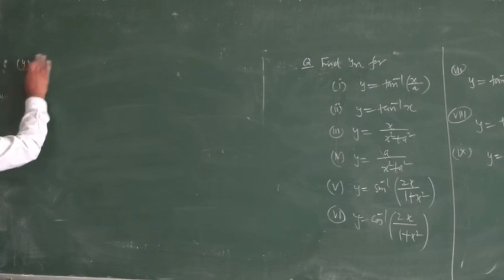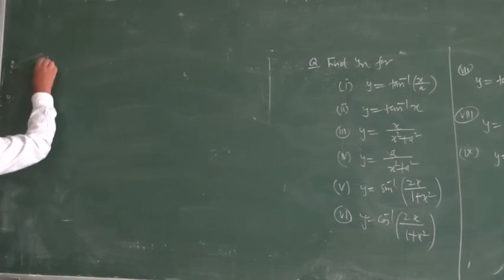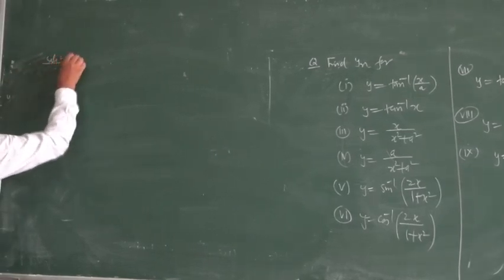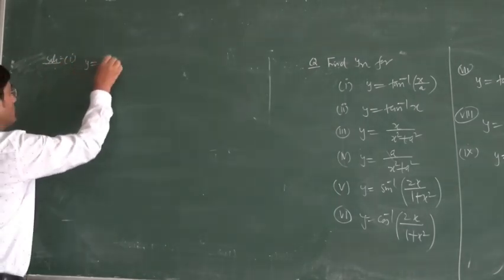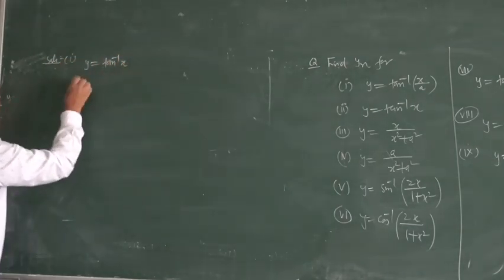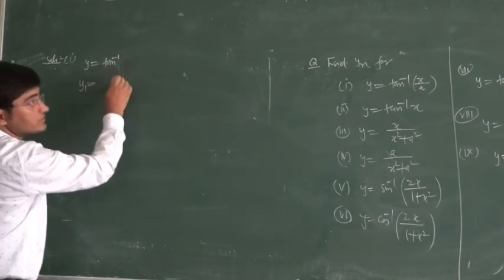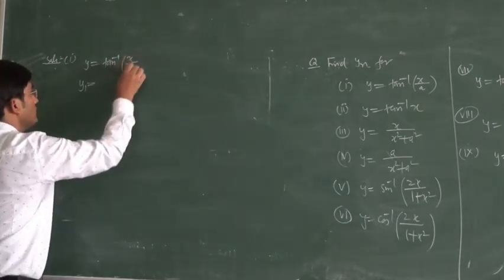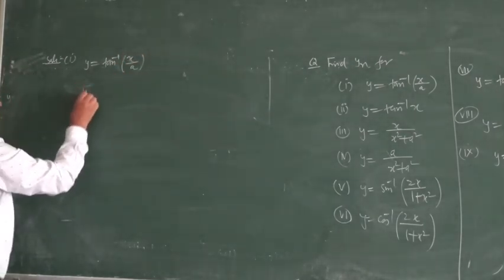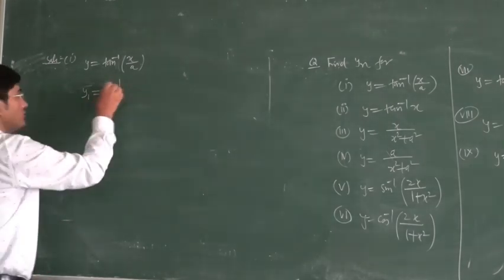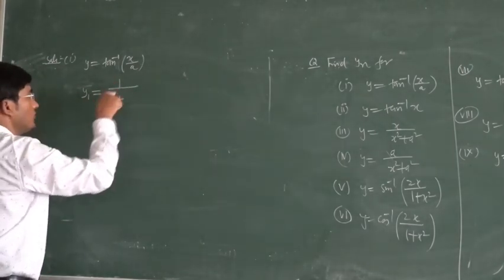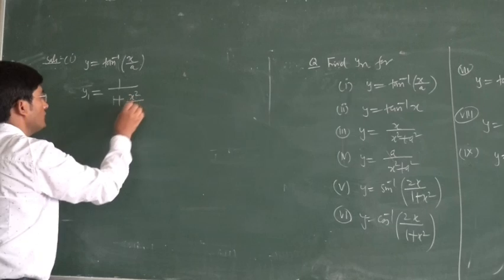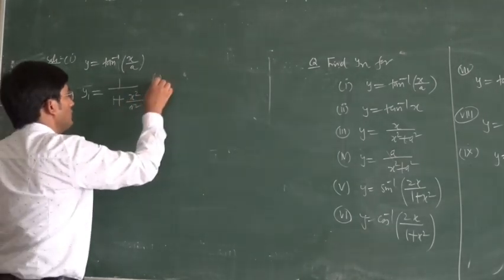Y equal to tan inverse x upon a. So your first order derivative will be differentiation of tan inverse, which is 1 upon 1 plus x square, and the differentiation of x upon a will be 1 upon a.